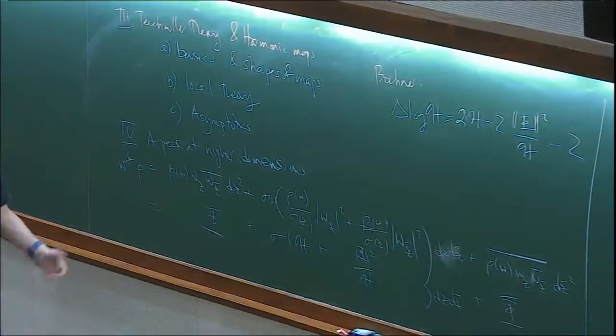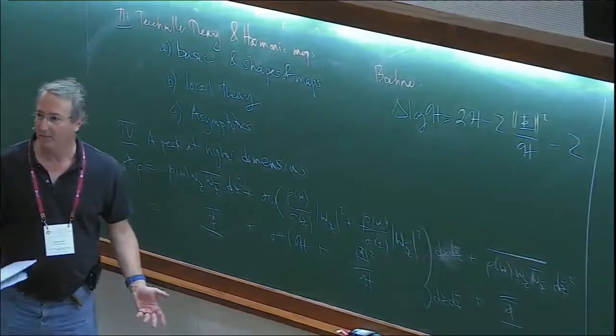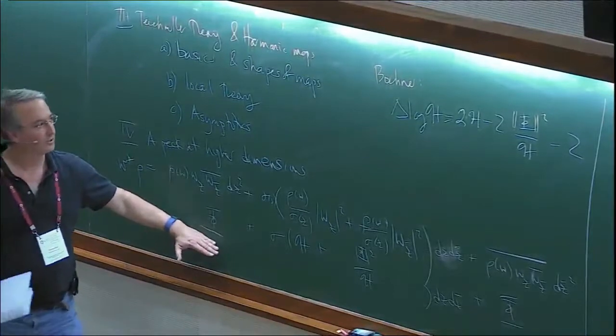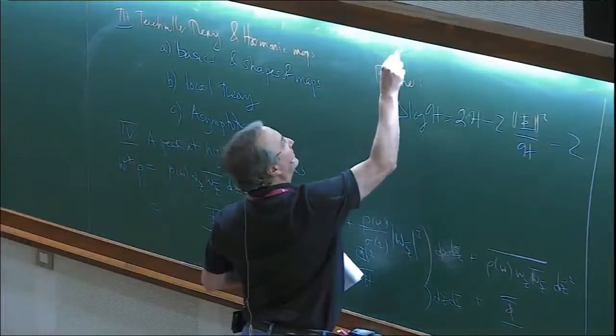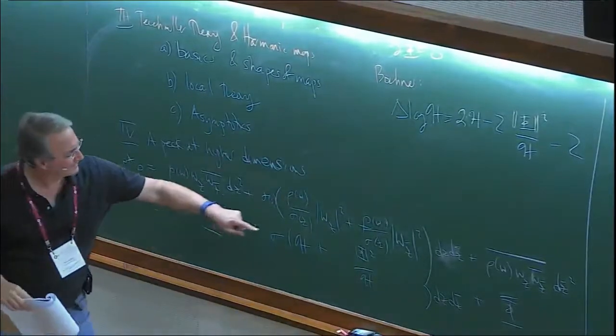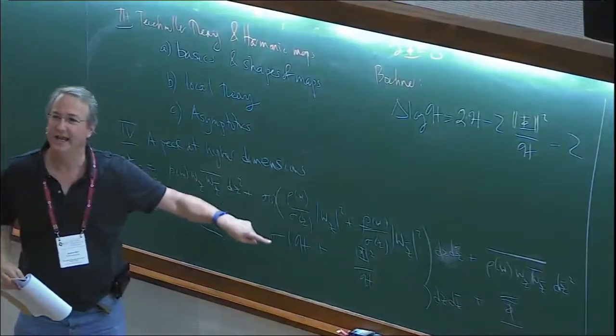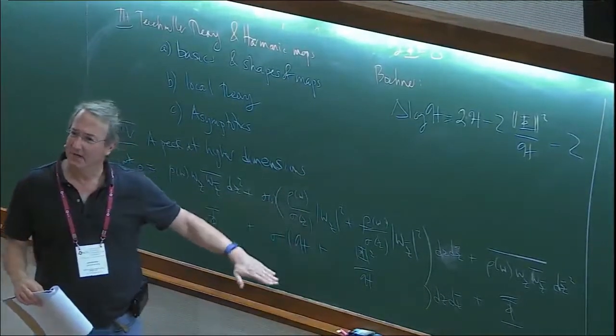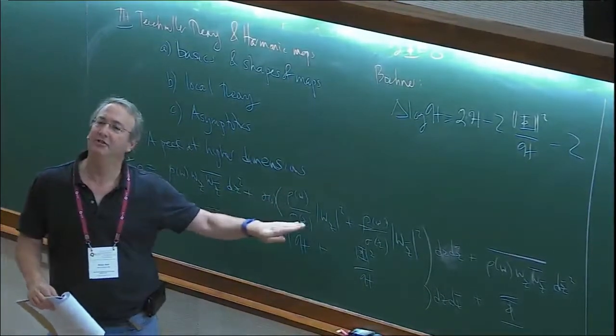And we found two actors in our play that were important. This Hopf differential phi, which was holomorphic, and this holomorphic energy H. I won't say much more about it. It is some version of energy density.